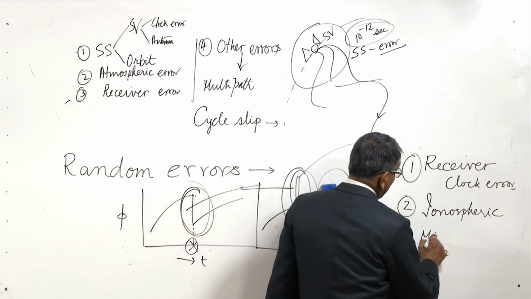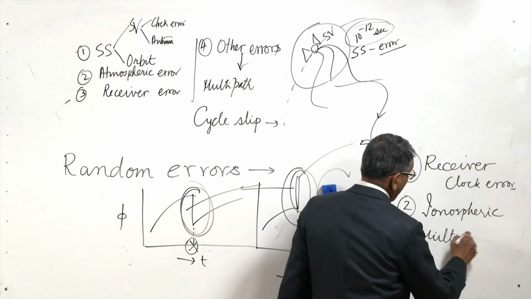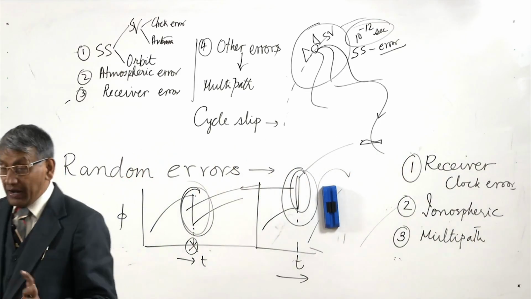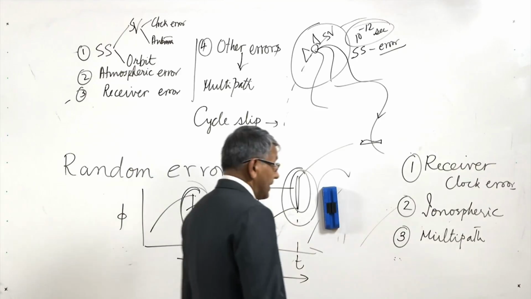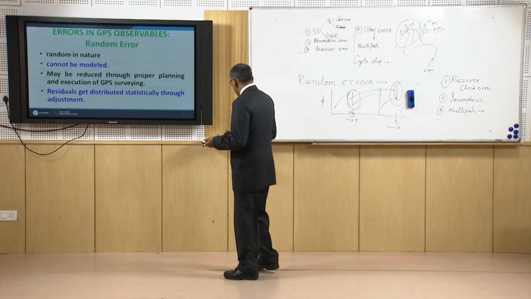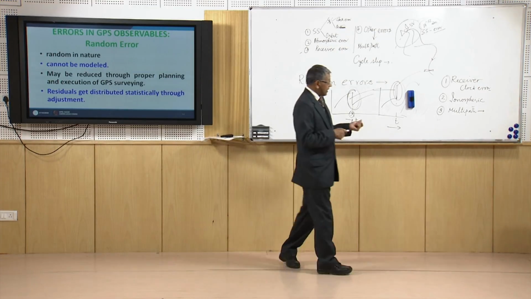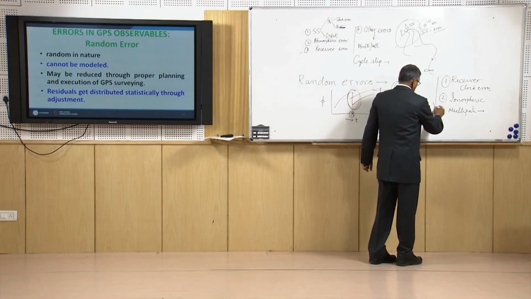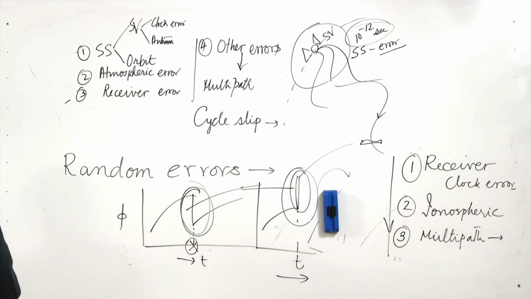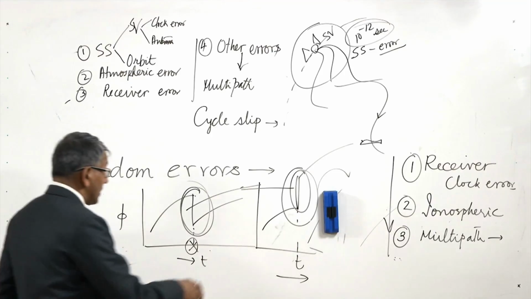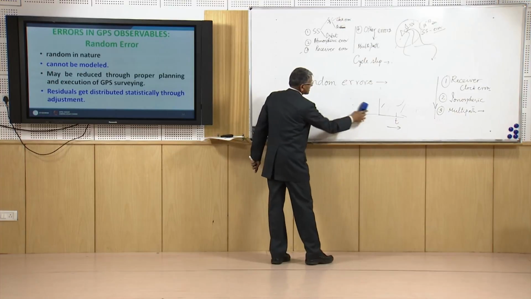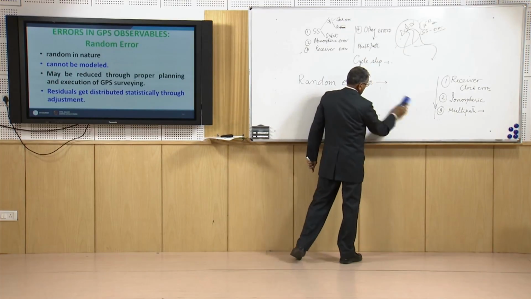Ionospheric error is of a different nature for code and carrier phase. Then it is the multipath error, which is the third most dangerous. So this is the sequence of the errors. And the last kind of error that the GPS observable may have is called random error.